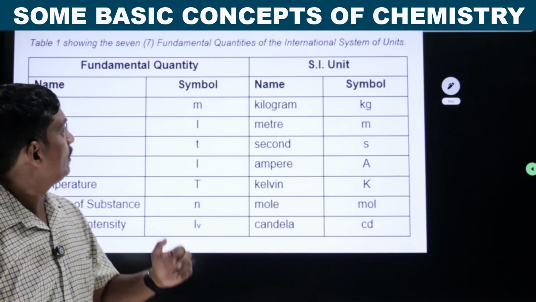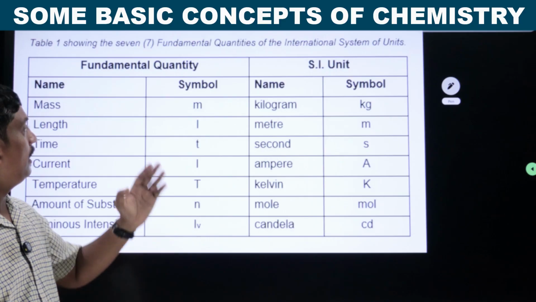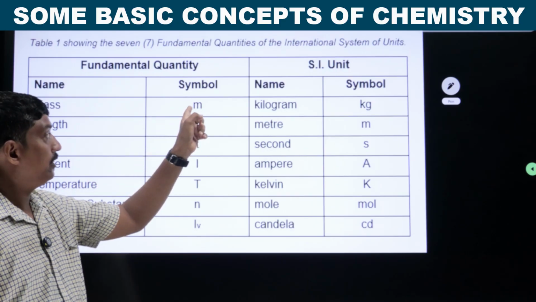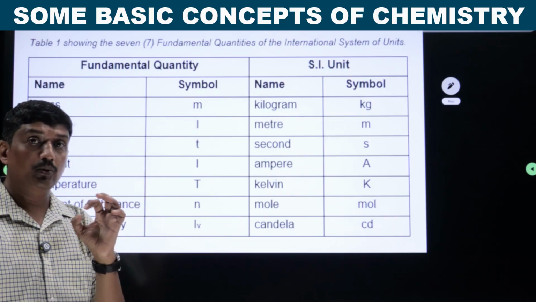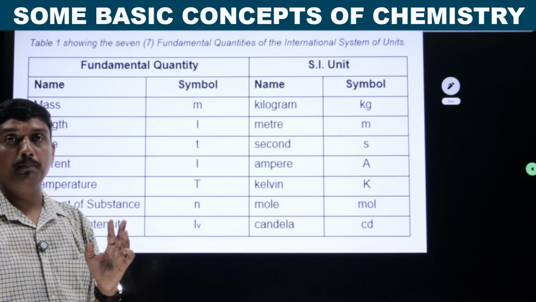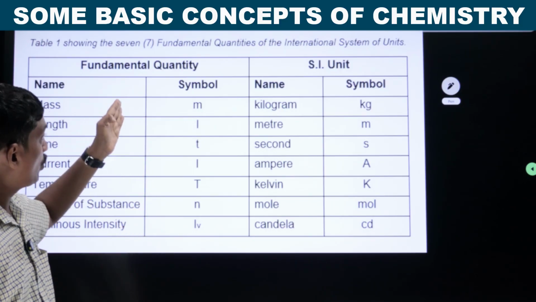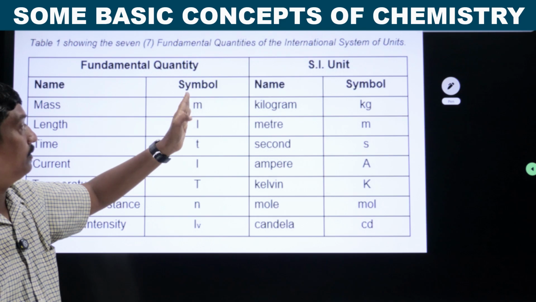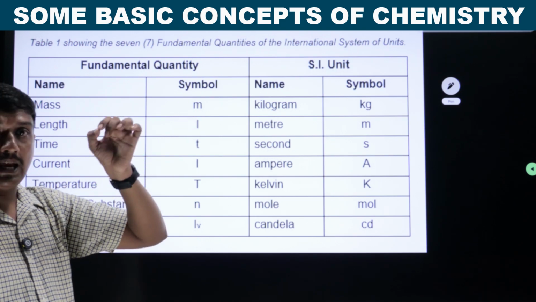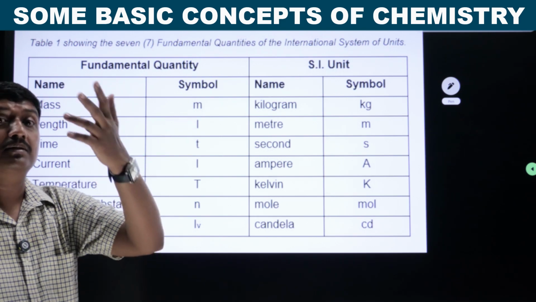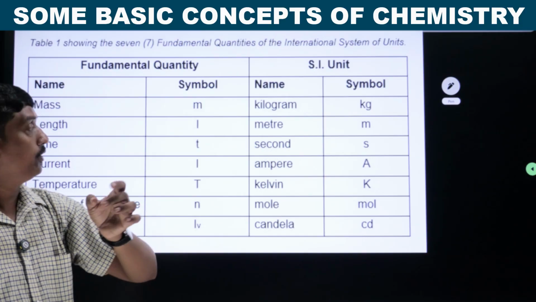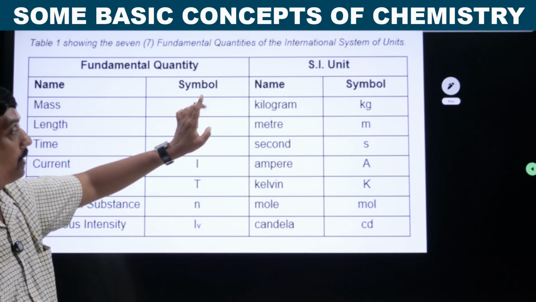So the first one is mass. Mass is symbolically represented as small letter m. So here representation is important. For a particular quantity, a symbol is fixed, m. If you use capital letter M, it represents some other physical quantity. Therefore, symbols are very important.